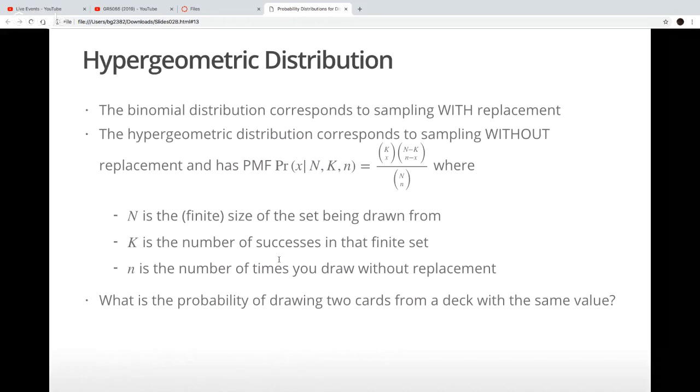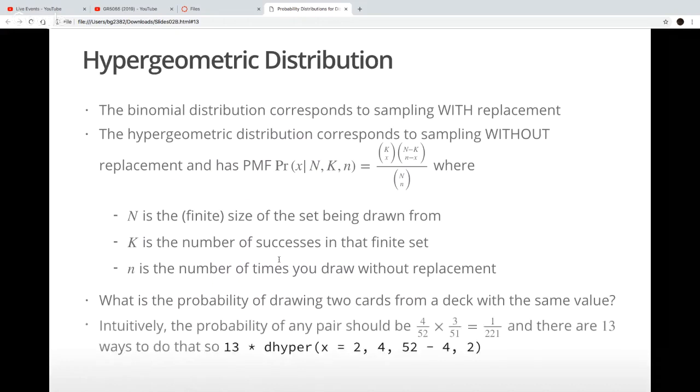Not entirely sure how many different kinds of cards are in a typical card deck here, but 13. 13 different. So each has 4. Mm-hmm. And it's 52 cards. So it would be 4 divided by 52 times 3 divided by 51. And then you can do that with 13 different types of cards, so you would multiply.